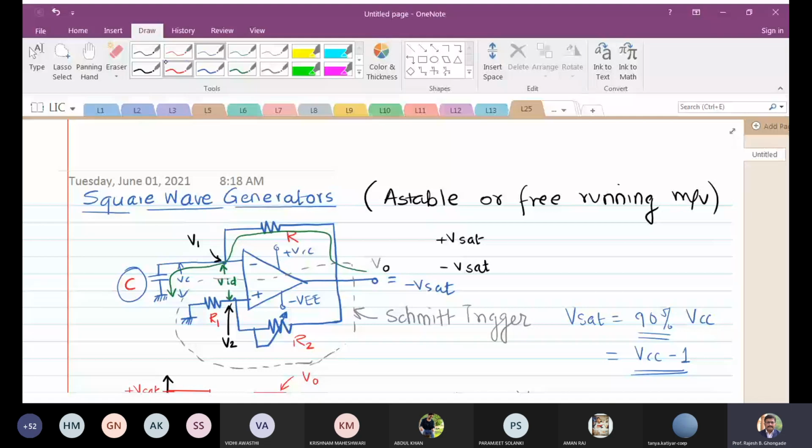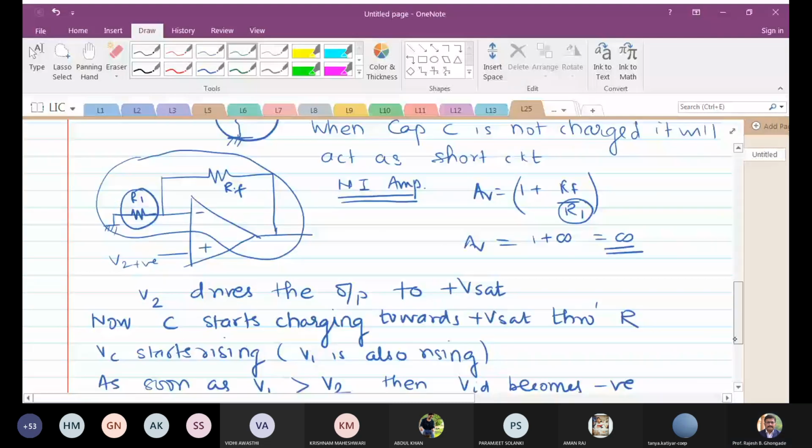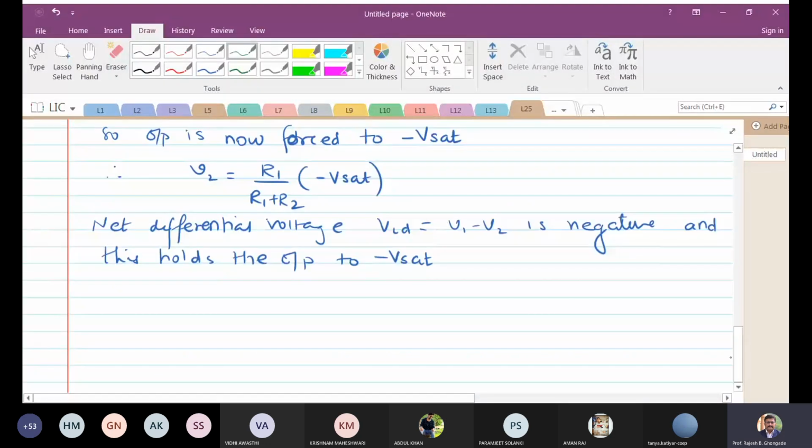So what we simply have is the reversal of the current through the capacitor. So it discharges. Now it not only discharges, but it now starts getting charged negatively. Please remember this concept.